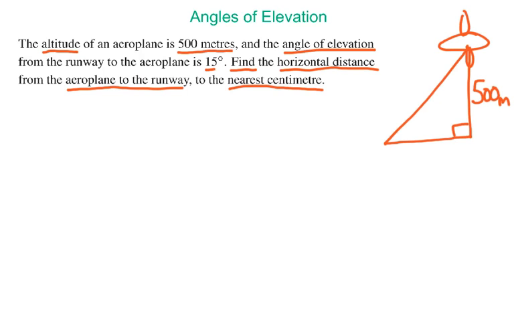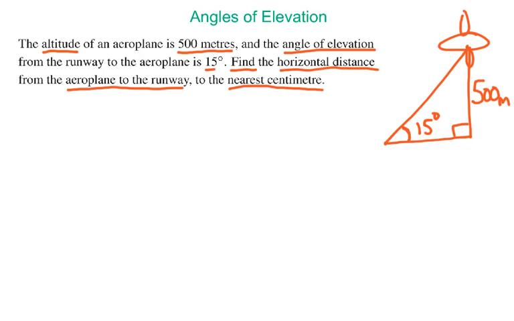With the altitude, they've also told us that it creates an angle of elevation. When we talk about the angle of elevation, it's this little angle here, which is created at the horizontal and looking up at whatever object is in the sky. So that's where your 15 degrees of angle of elevation will be.